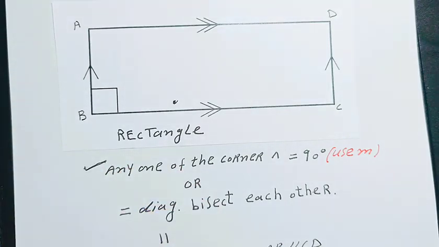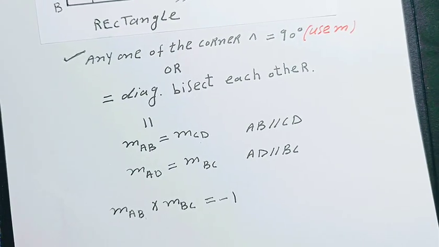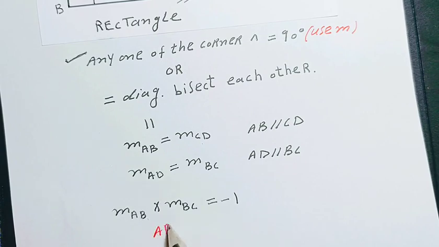So AB and BC, for instance, these two adjacent sides, you take the gradients and multiply them, and if equal to -1, then we can say AB is perpendicular to BC, which means this is 90 degrees. Sometimes they already give you that this is a parallelogram, and then they say prove this is a rectangle, and then obviously in that case you only have to prove the rectangle.